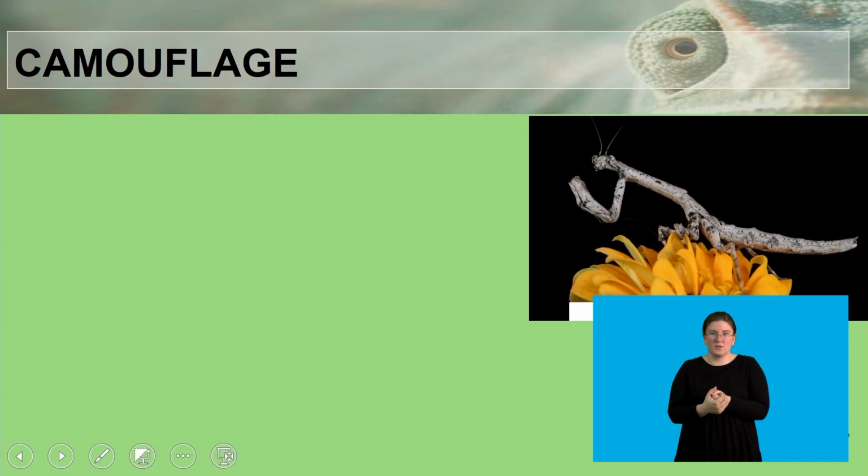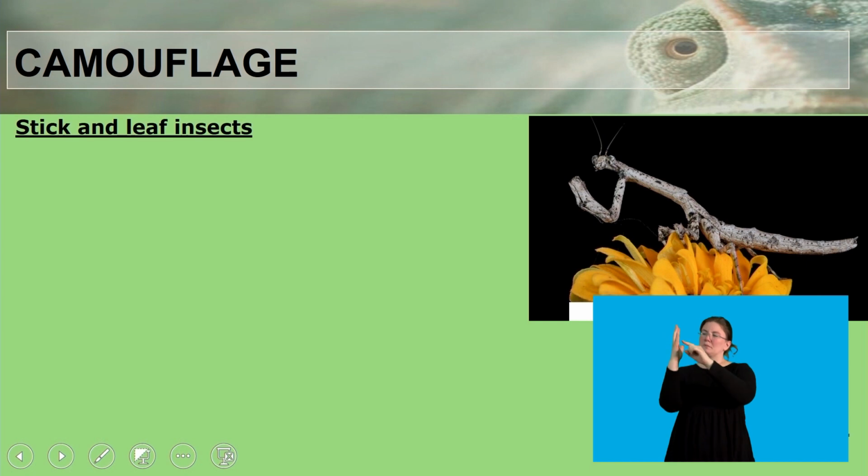And then we are also going to look at the twig mantis on a yellow flower. If you just look at this picture, you will see that this mantis does not even look like an insect, but rather looks like a twig on a flower. So here we are looking at stick and leaf insects.